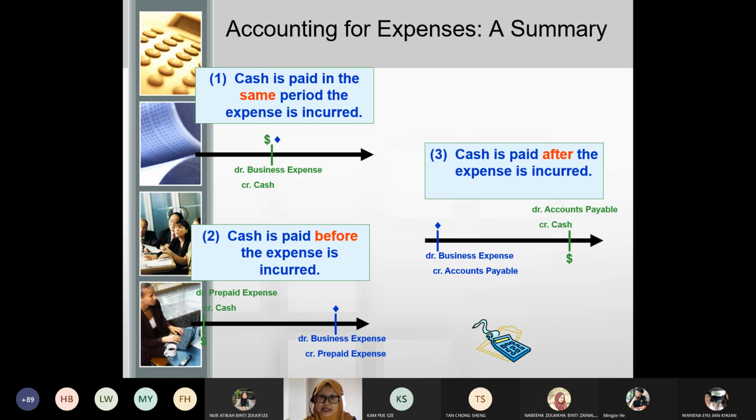The third situation is where the cash is paid after the expense is incurred. The journal entry to record the incurrence of the expense will be debit expense account and credit accounts payable. Later, when the cash is paid, the journal entry will be debit accounts payable and credit cash.